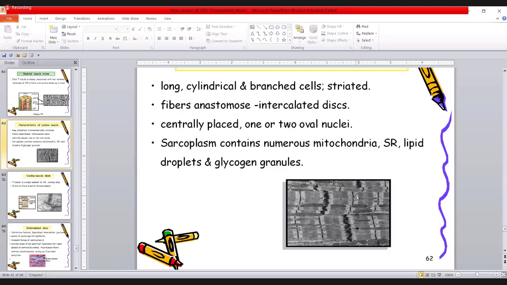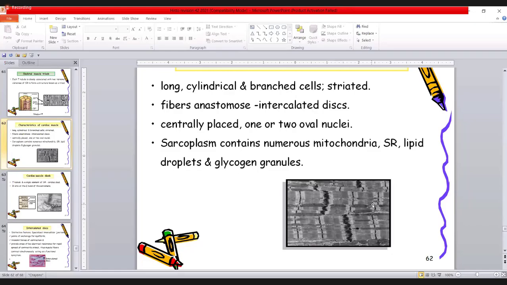And what is the other key feature? What are these things? Intercalated discs. What is an intercalated disc? Cell junctions, gap junctions. Yes. It's a specialized intercellular junction and also the anchorage point where the cardiac muscles are attached there.